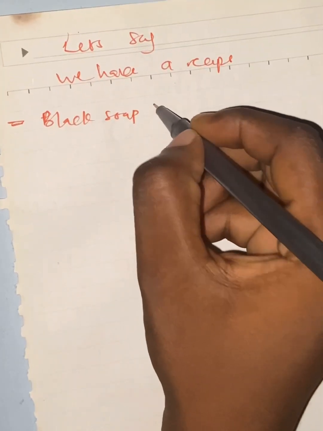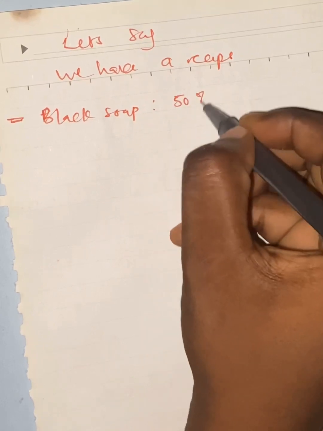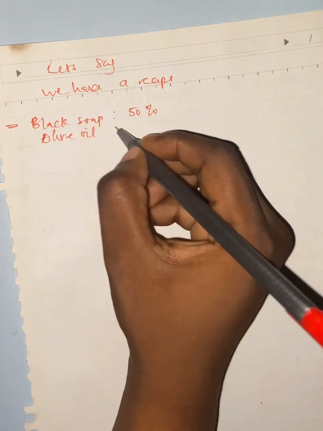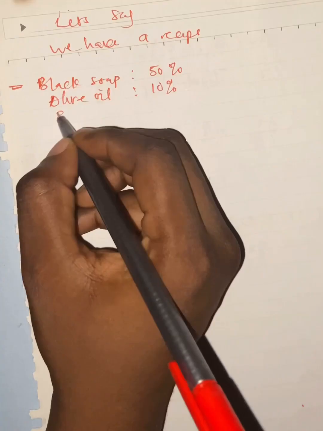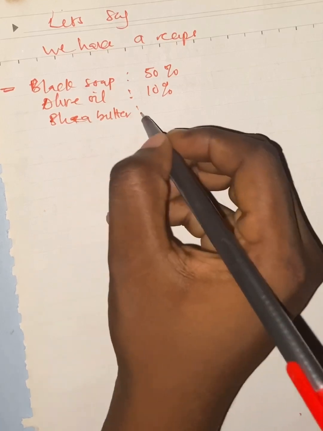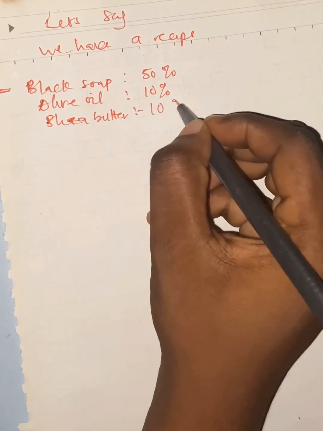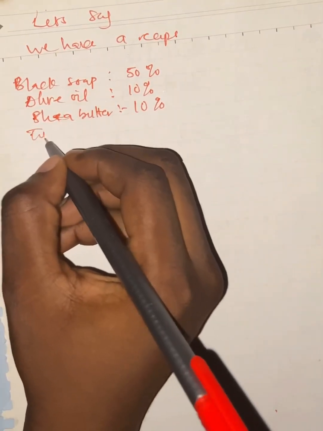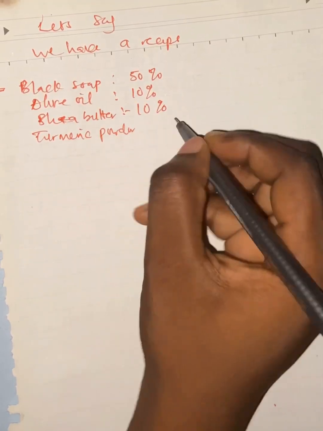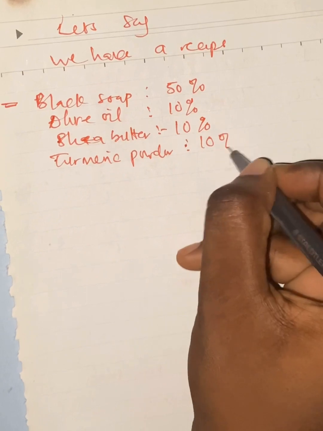Let's say we are supposed to take 50% black soap, olive oil 10%, shea butter maybe 10%, turmeric powder of 10% as well.